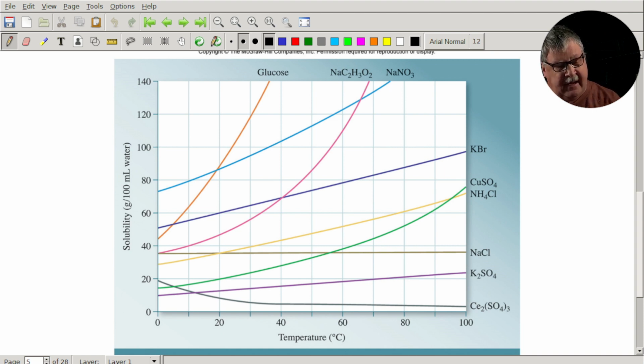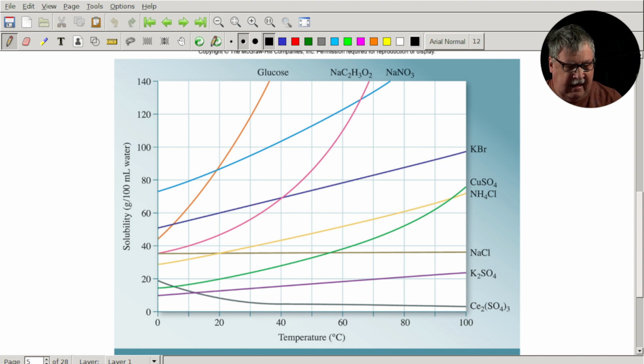On the other hand, if I look at a compound like sodium chloride, I see a very limited increase in solubility with temperature. Okay, the solubility of NaCl does go up a little bit, but not very much between 0 and 100 degrees Celsius. And then we have some oddballs, and the one that's listed here is cerium-3 sulfate.